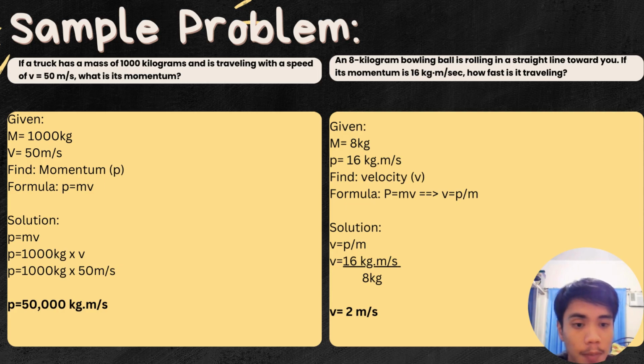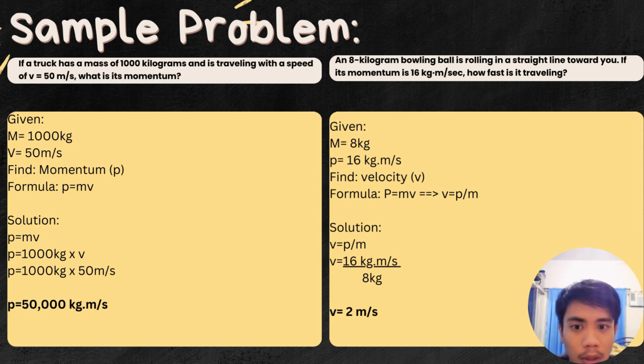The first step in solving an equation is to write the given first. So we have 1,000 kilograms, which is the mass, and 50 meters per second, which is the velocity. And we will find momentum, which is p.